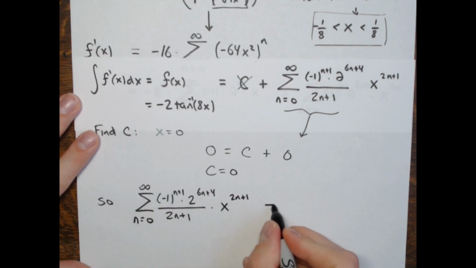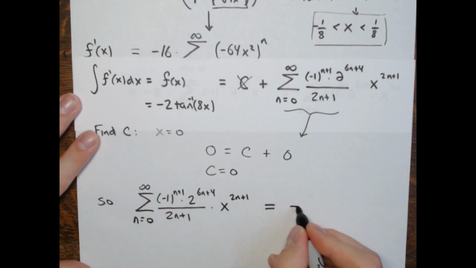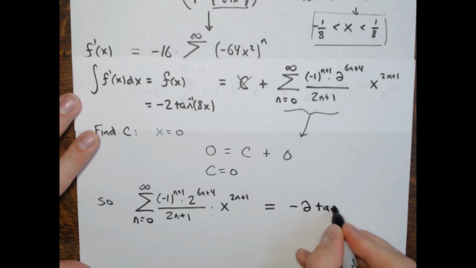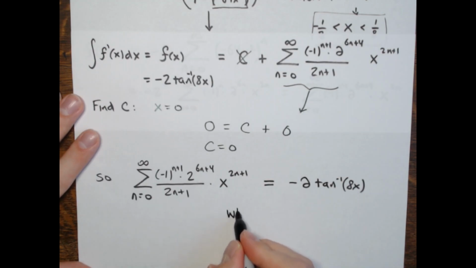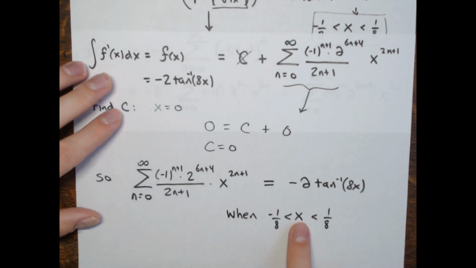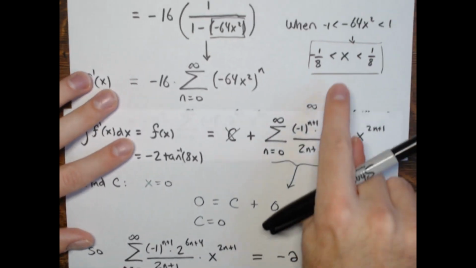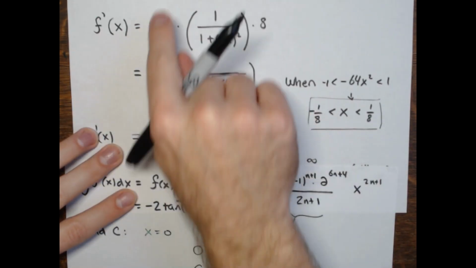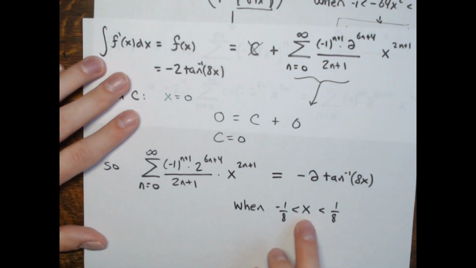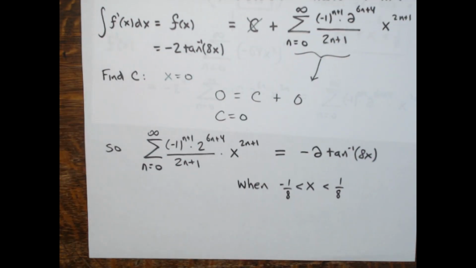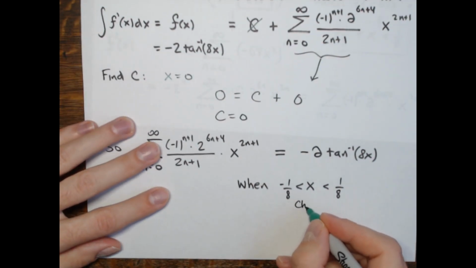This series will converge to negative 2 times the inverse tangent of 8x when x is between negative 1/8 and positive 1/8. But we have to check the ends. Remember, this was the interval of convergence for f prime. I integrated, so I'll get the same in between, but we must also check the ends.